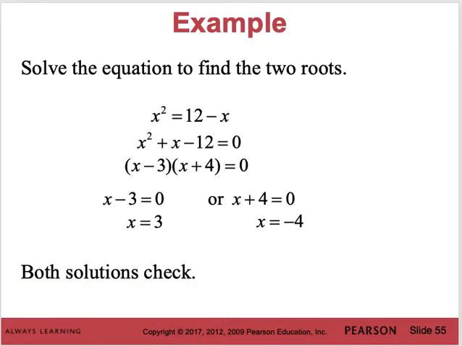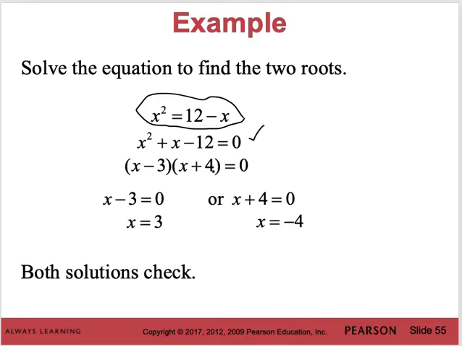Okay, we'll just go through a couple more examples here. Solve the equation to find the two roots. So we can first rewrite this because this is not in our quadratic form. We'd have to do x squared plus x minus 12 equals 0. So we had to rearrange this so that it was in quadratic form.